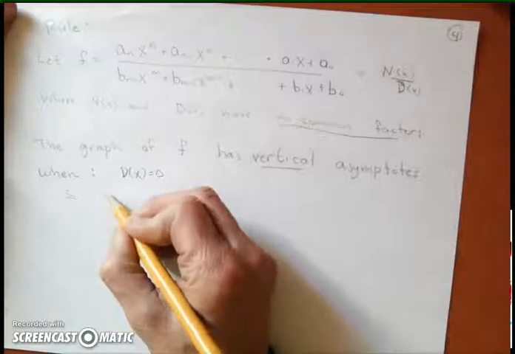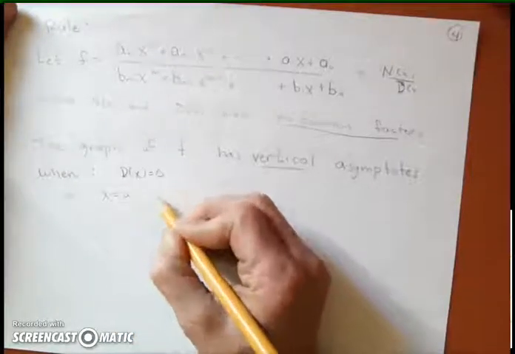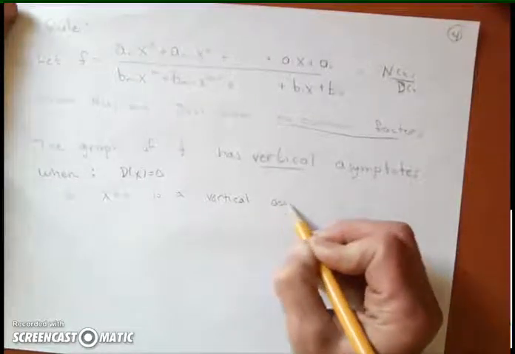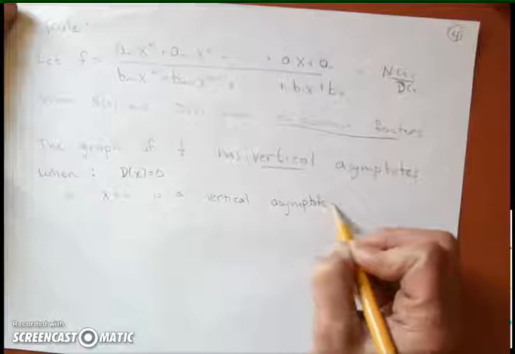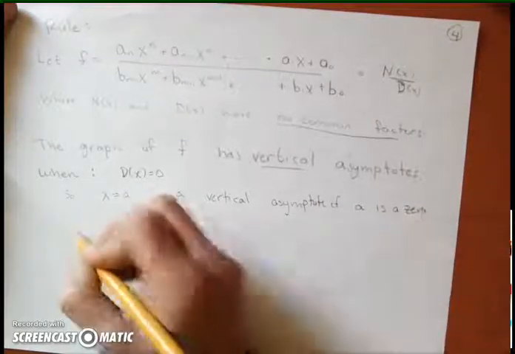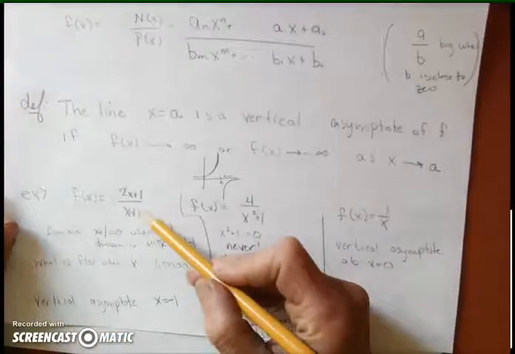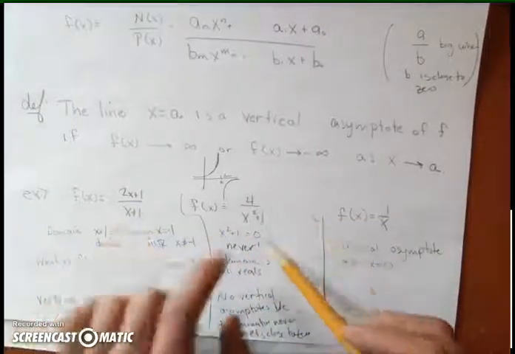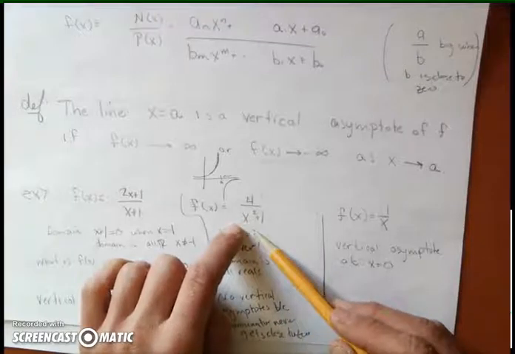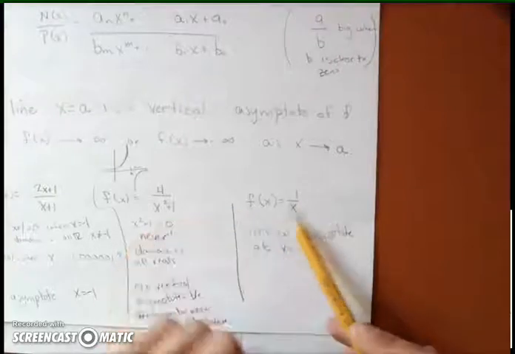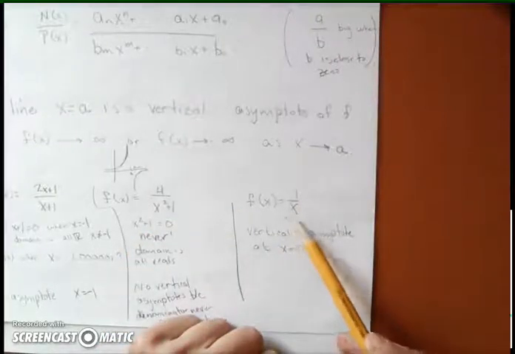So x equals a is a vertical asymptote if a is a 0 of d. In these examples, we had a vertical asymptote at -1 because -1 was a 0 of the denominator. We didn't have any vertical asymptotes for this one because there are no zeros of the denominator. And x equals 0 was a vertical asymptote of this one because that was the 0 of the denominator.